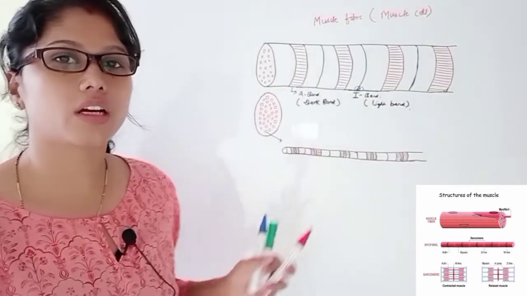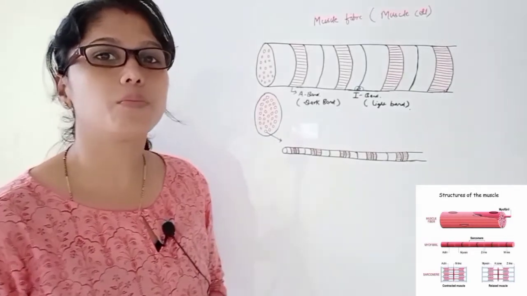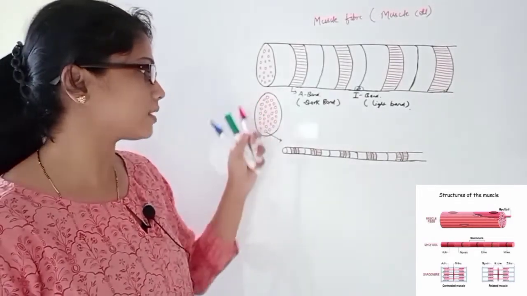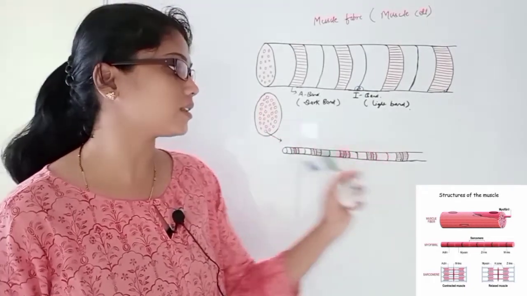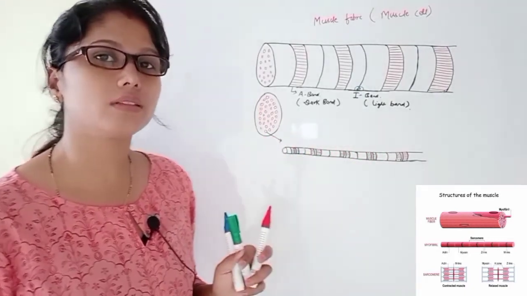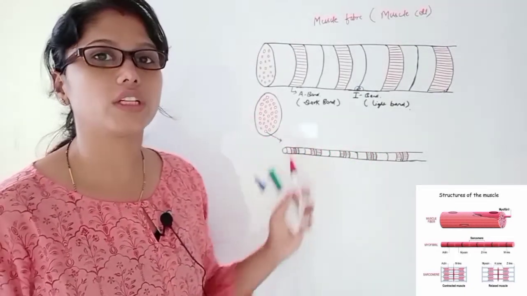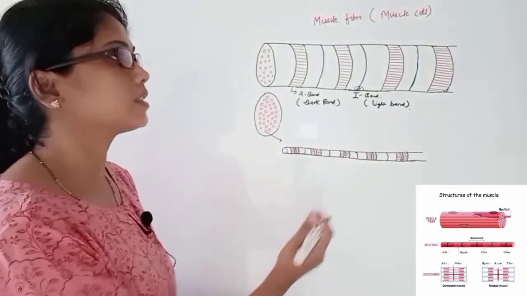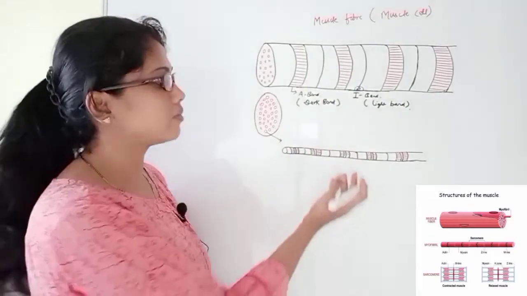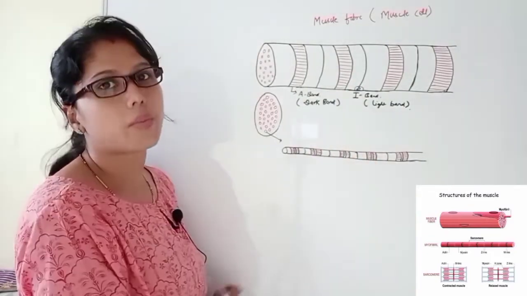If you take a cross section of a single muscle fiber, it looks somewhat like this, where these thread-like structures called myofibrils are arranged adjacent to each other in parallel. It also looks similar to the muscle fiber. Striations are present here.